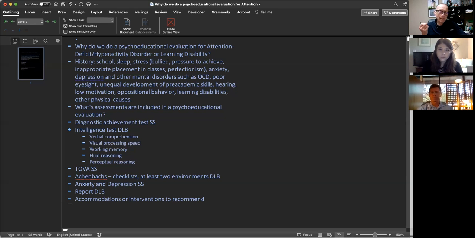However, that's not as much of an interest to us as what goes into the IQ test and what we're measuring. Just to briefly go through some of the things, we measure verbal comprehension. Verbal comprehension is our ability to understand what's being communicated to us or what we're able to communicate to other people.